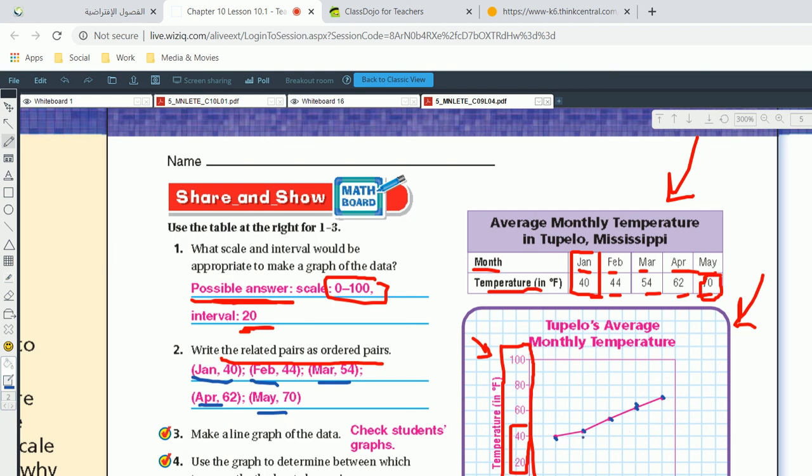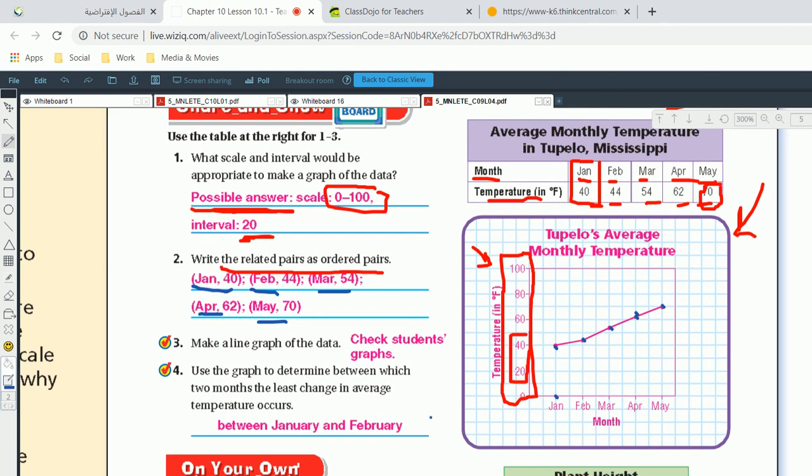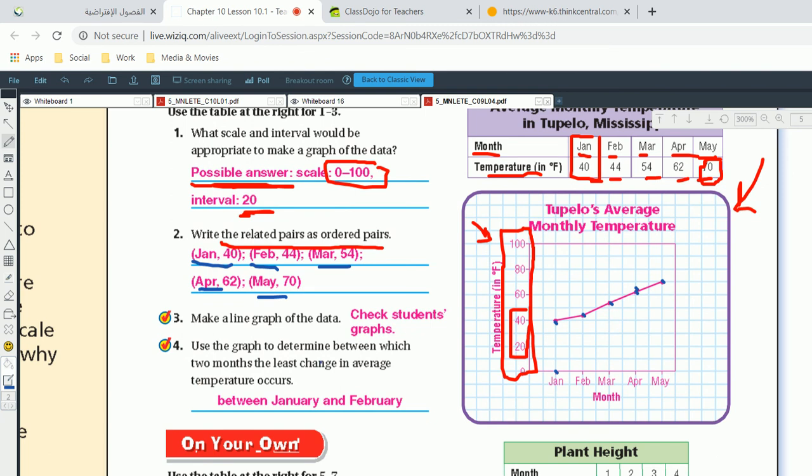After that, you connect it with your ruler. Here, use the graph to determine between which 2 months the least change in average temperature occurs.